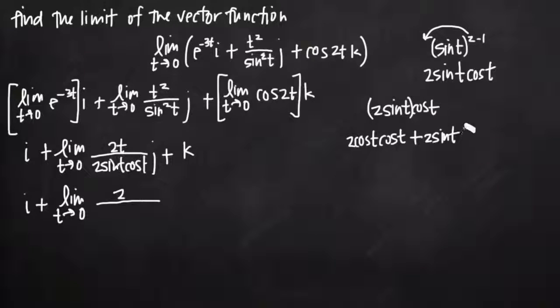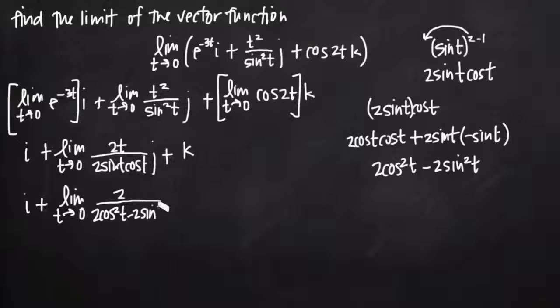The derivative of cosine t is negative sine of t. When we simplify, we'll get 2 cosine squared t minus 2 sine squared t. Now, if we plug this back in here, we get 2 cosine squared of t minus 2 sine squared of t. We multiply that by j, and then we add k.